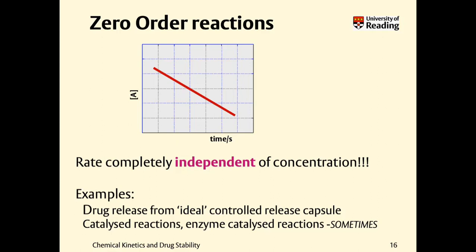So again, it is zero order with respect to the drug that is being released. So there are many examples where you might see zero order kinetics. And in that case, you will see a straight line by plotting concentration of A against time.